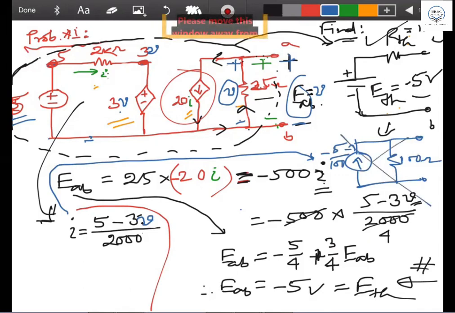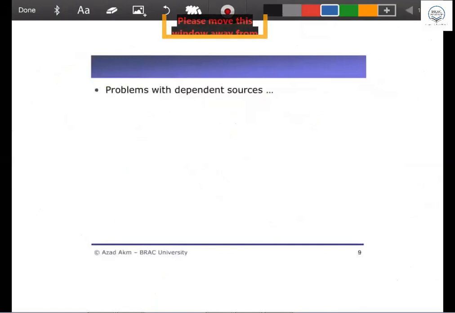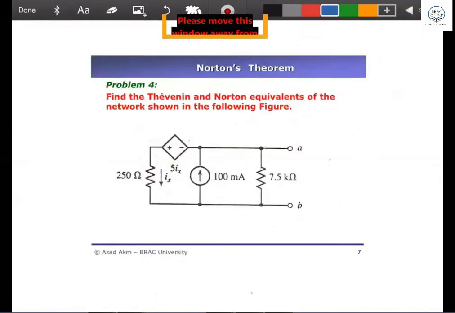Because why? Look at the question we have. Can you see this question? Yes, sir. What does this ask for? You have to find the Thevenin equivalent, and also the Norton equivalent for this question. Okay, you do it by yourself. It is exactly the same question, with a dependent source there.